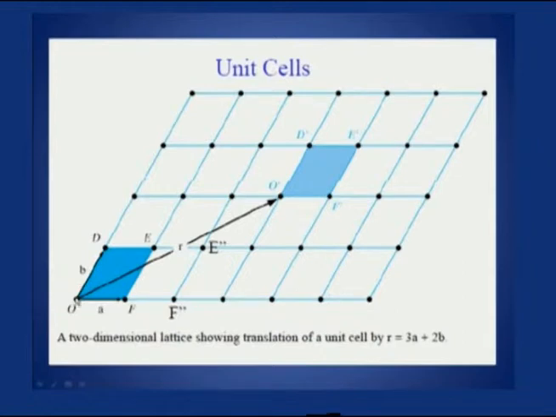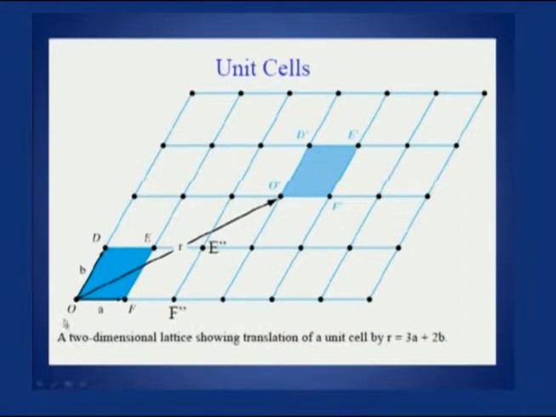So, R will be equal to 3 times A plus 2 times B. When I go from this point through a distance 3A plus 2B, I end up at this point. So, this unit cell has been moved from here to here.